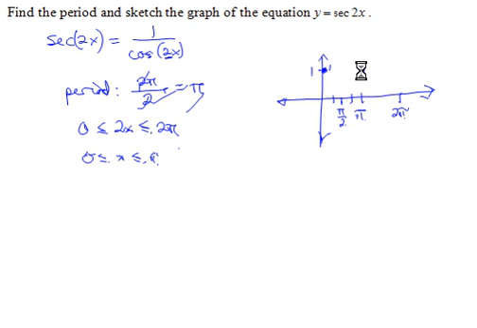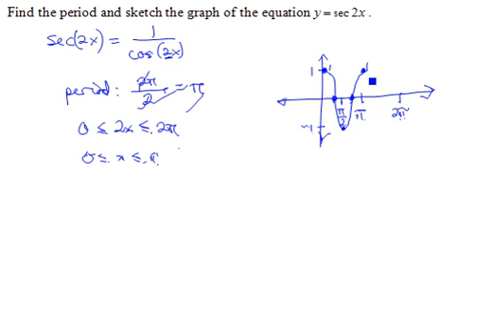It will reach a max of 1 again at the right end point of that interval, and it will reach a minimum of -1 halfway in between, which is down about here. Halfway between this minimum and this maximum will be a 0. Similarly here we'll have a 0, and the curve will look something like this.